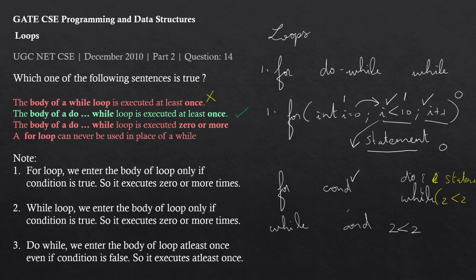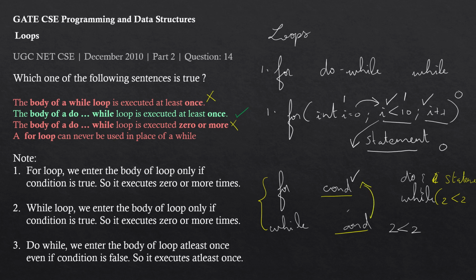Let's look at the next statement. The body of a do while loop is executed 0 or more times, which is false. A for loop can never be used in place of while. In the explanation, we saw that these two are both doing repetition based on condition. So you can either have a for or a while.